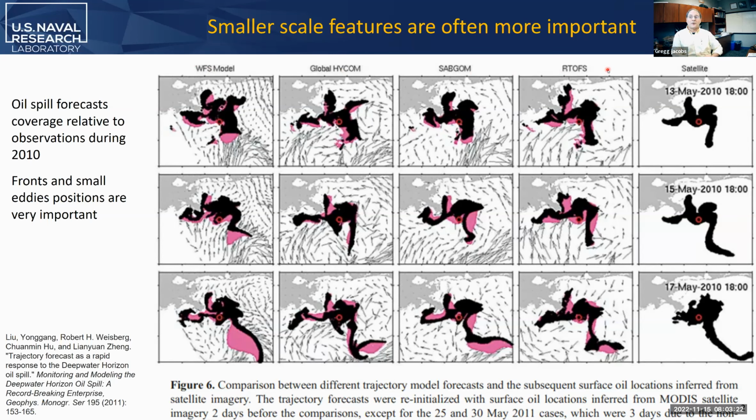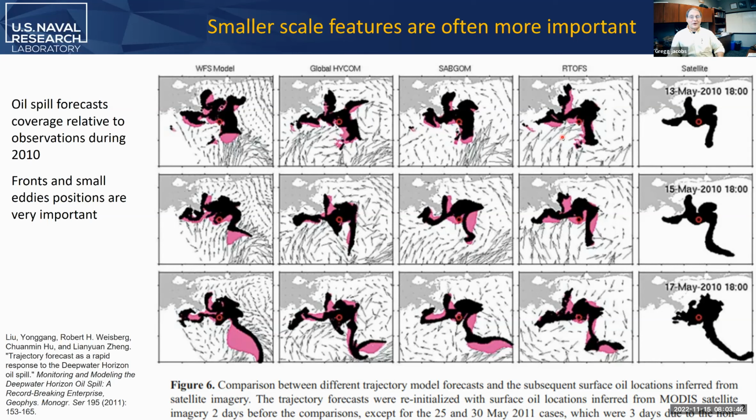They made a 2-day forecast and compared it to the verifying observations from satellite on that subsequent 2 days. You can see each of these, the pink areas are where the particles they put in the surface of the model swept out. And there's a lot of differences between the different numerical models in what they produce.